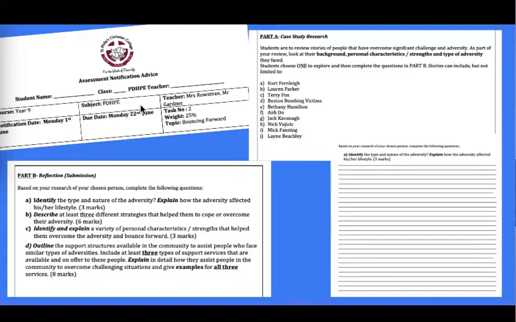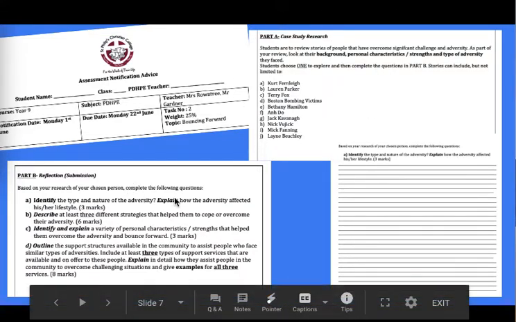Once you've read the assessment task, you'll know that the first part of your assessment task is case study research. So you need to research stories of people who have overcome significant challenges and adversity. Then the second part is your reflection. So this assessment task is already broken down into two parts for you. The first one, case study research.